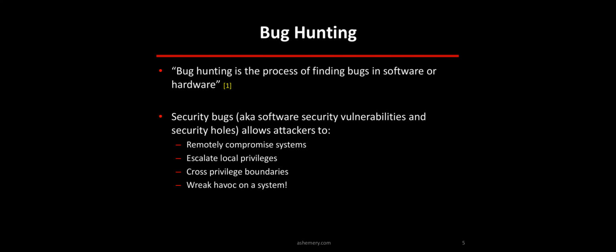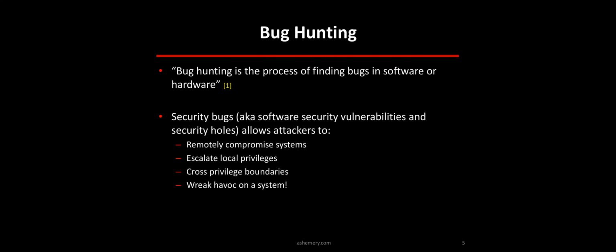It's still good, not saying it's bad, but we need to elevate our privileges. What that means is we need to take our privileges and escalate them from one level to the other. So let's say you compromise the system, you gained normal user access, and you want to go up to administrator or maybe even SYSTEM on a Windows machine, or root on a Linux machine. That's escalating local privileges.